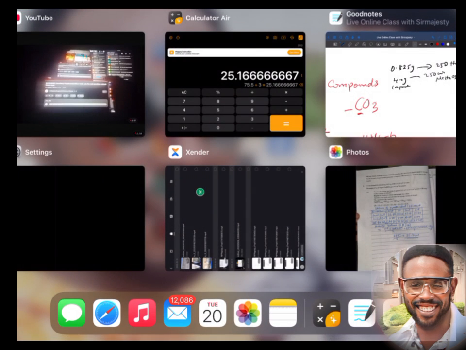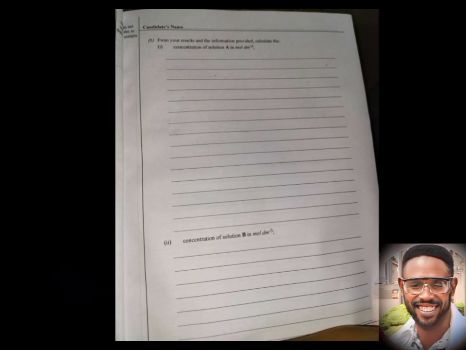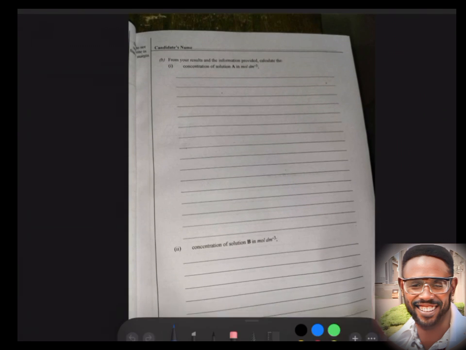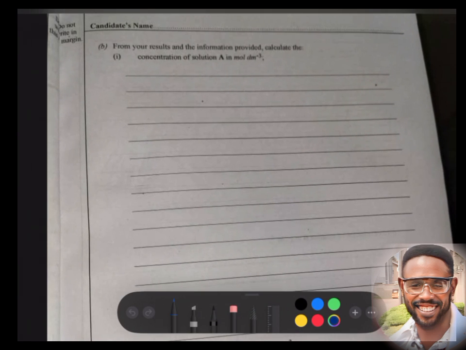So we can now proceed from my results, which is 25.17, to find the concentration of A in mole per dm cube.